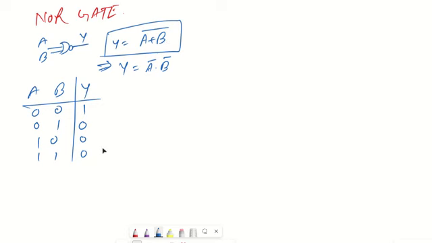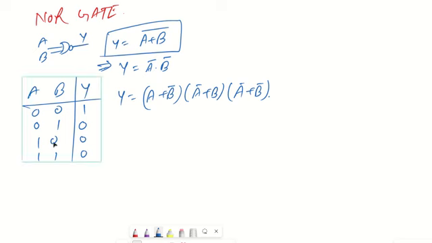Now in the max term expression, wherever the output is 0, those terms we can consider. For y equal to 0, this is a plus b bar, so I can write y equal to a plus b bar into a bar plus b into a bar plus b bar. You can see wherever 1 is there, that will be barred, and wherever 0 is there, that will be without bar. So this is the other expression for the NOR gate.